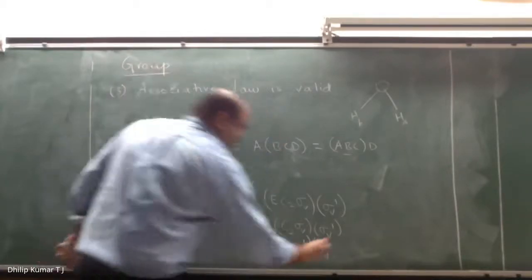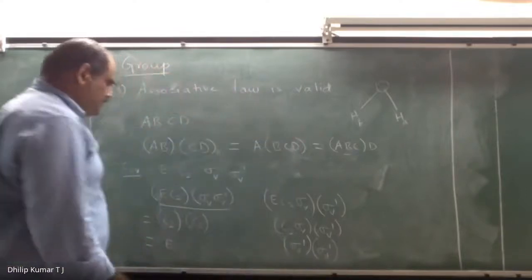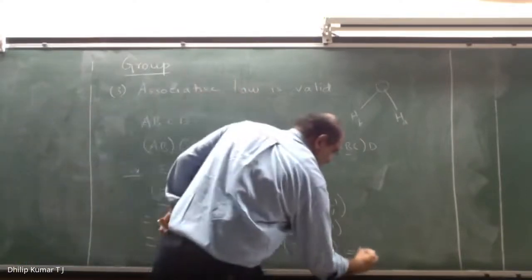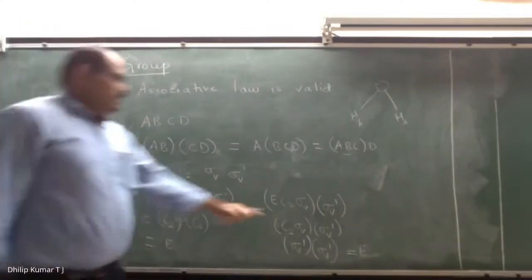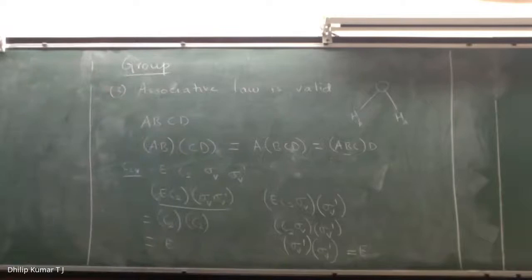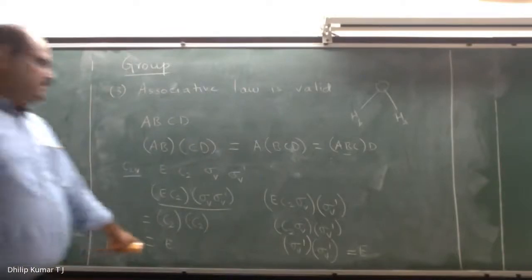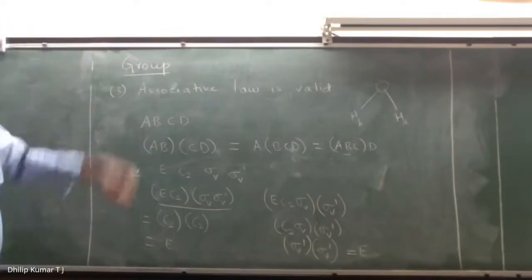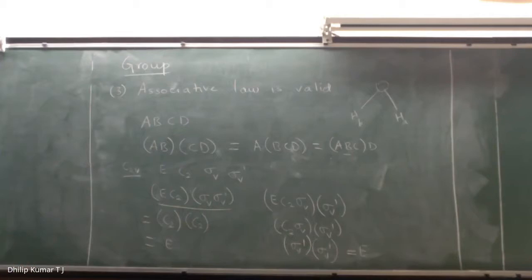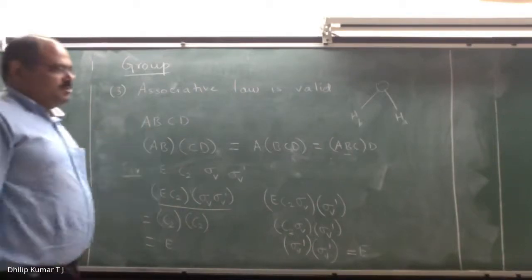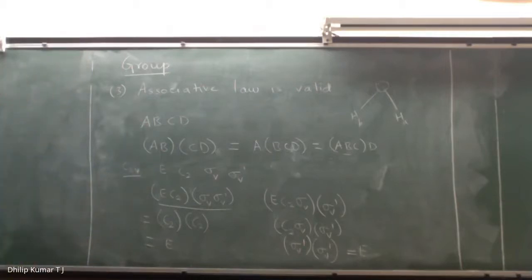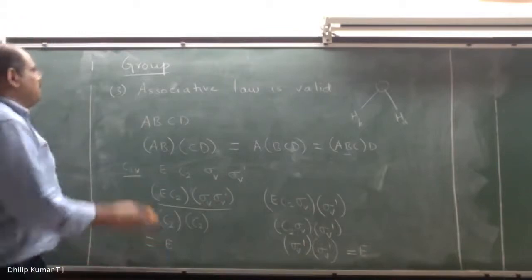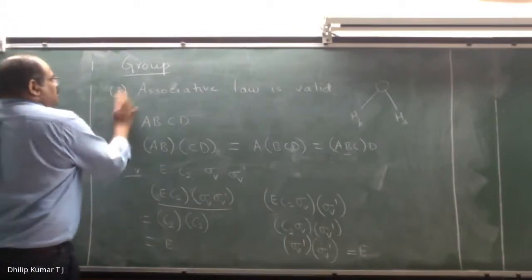So I take the product of sigma V prime into sigma V prime. Again, it is going to be E. Okay. So you get both the same. Either way, if you multiply it, it results in E. So like this, you can cross verify with any other group. So associative law should be valid in this case. Then only the element can be present in that group. Okay. So these are the four properties of a group.